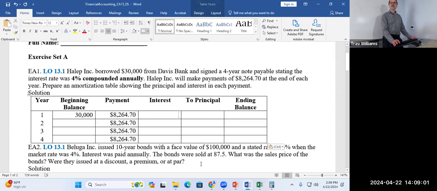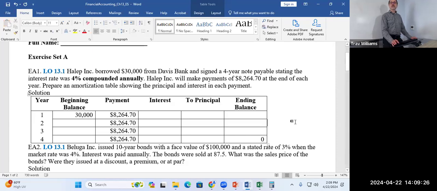So what you get to do, and you can work together on this, I'll give you 5 or 10 minutes to work on it. Try to figure out the interest, principal, and ending balance for each year. And since it's a 4-year loan, we should end up with 0 at the end of the 4th year. Okay?